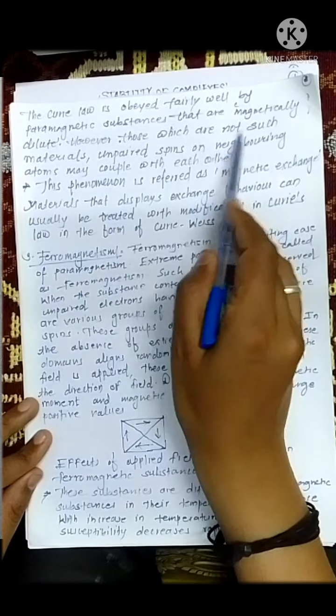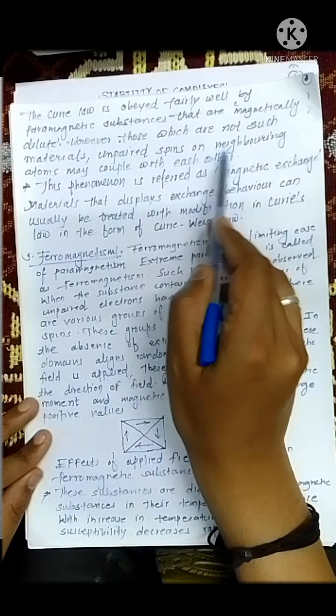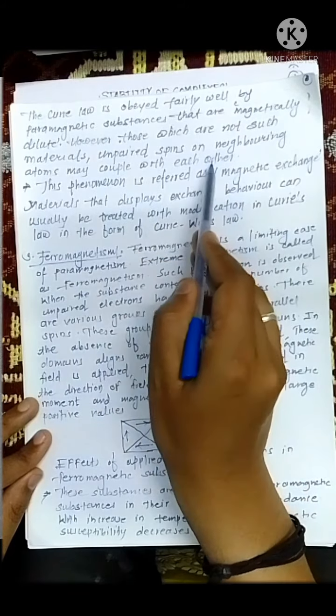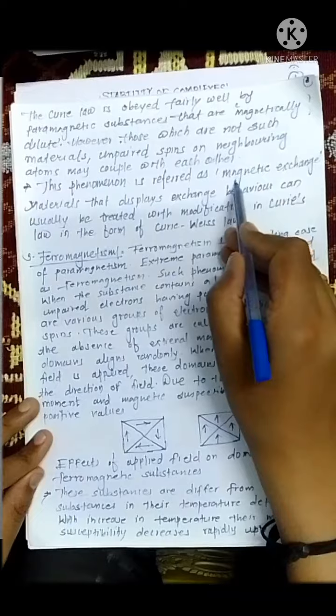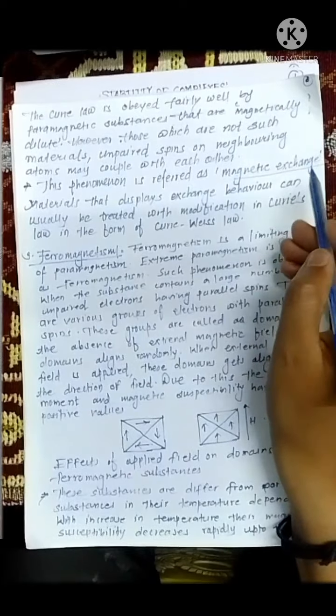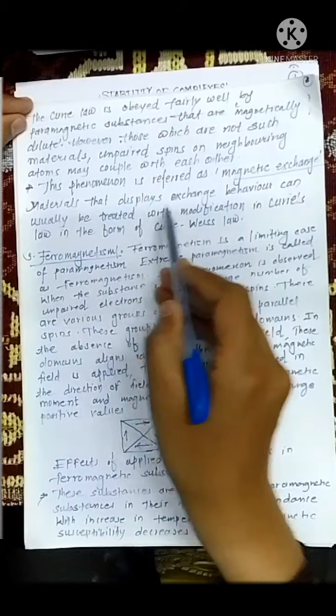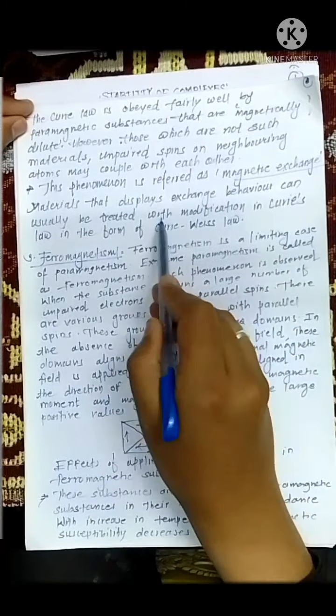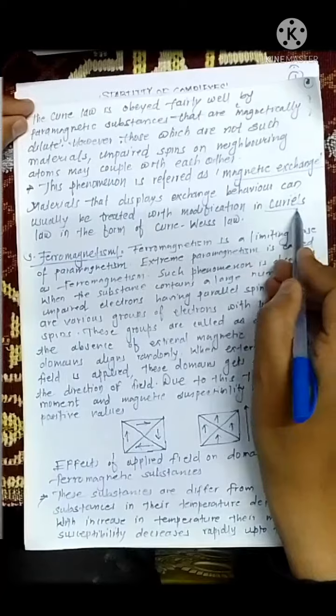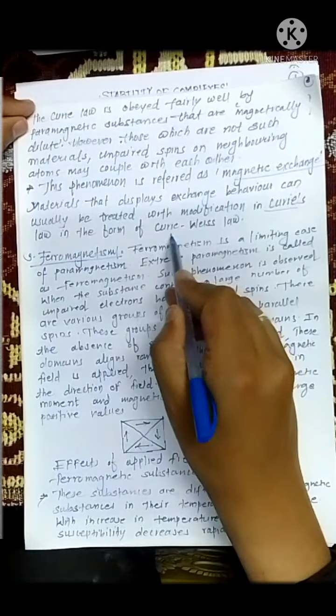However, in materials that are not, unpaired spins on neighboring atoms may couple with each other. This phenomenon is known as magnetic exchange. Materials that display exchange behavior can usually be treated with a modification of Curie's law, in the form of the Curie-Weiss law.